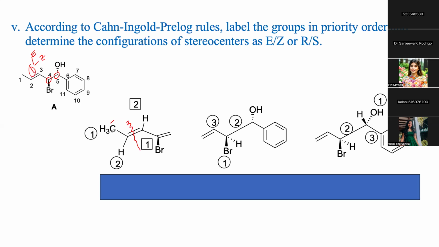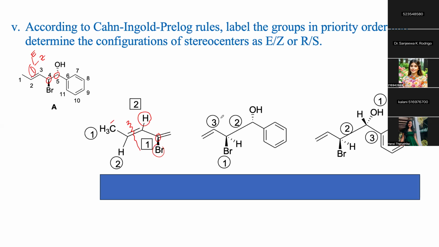Comparing CH3 and hydrogen, hydrogen has the least priority and CH3 the most. Therefore, CH3 is 1, hydrogen is 2. Here the first atom is hydrogen, and this one is carbon, and it's attached to bromine as well. So this gets number 1, and the hydrogen is number 2.